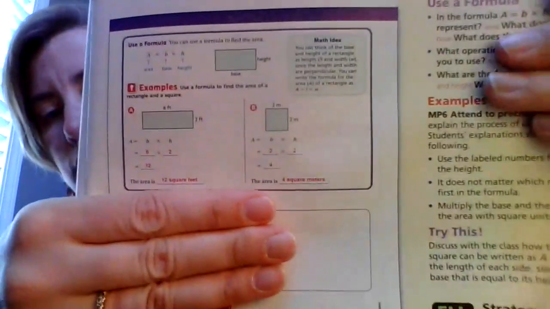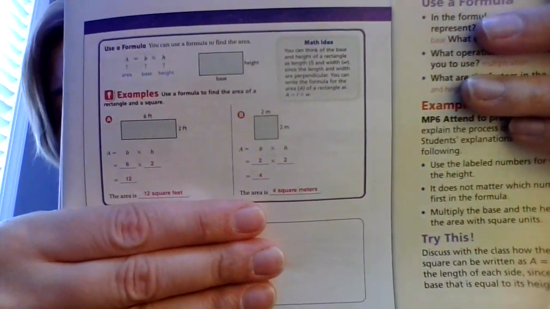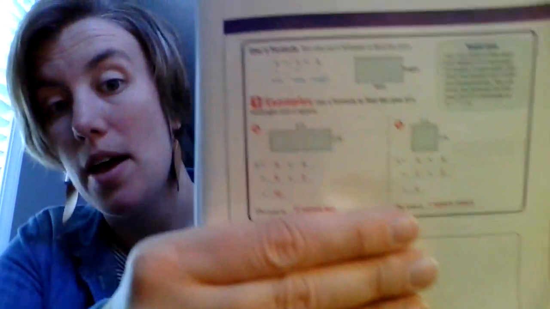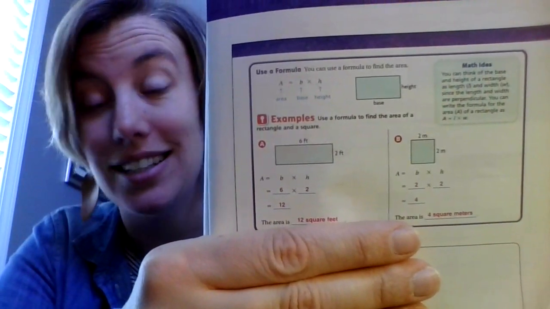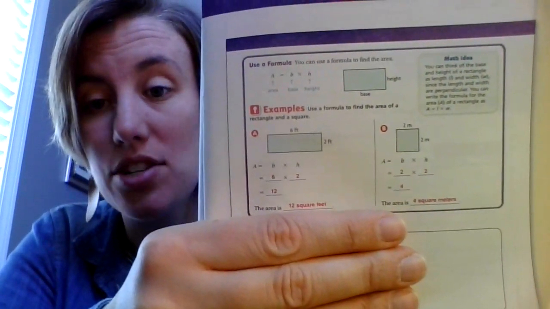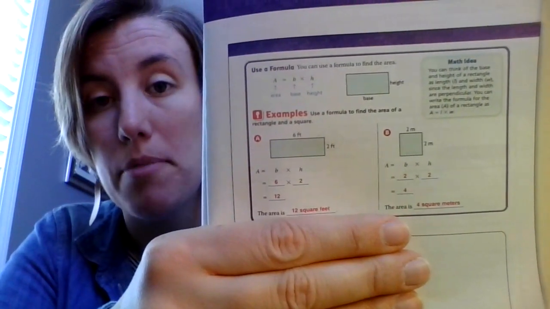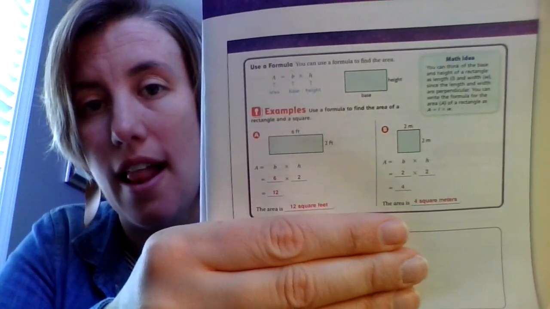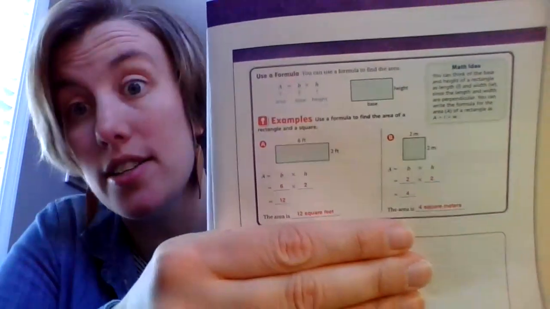So here's what we've done so far. All you have to remember is this formula, base times height. That's all you have to remember. Okay, and this is going to take some memorization on your part. I know we had some memorization experiences last week. But it's just area is length times width.